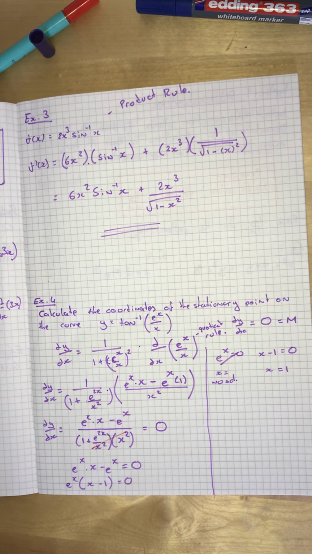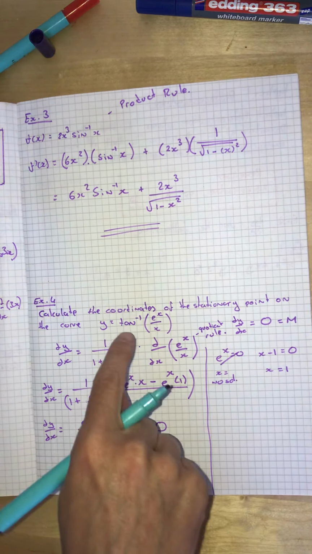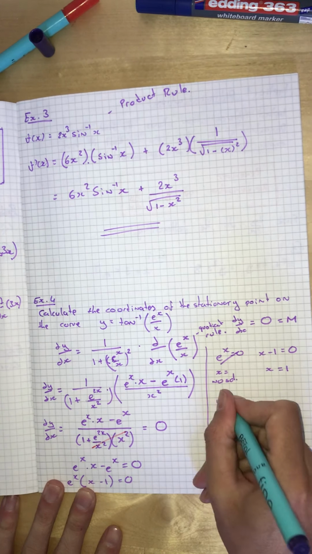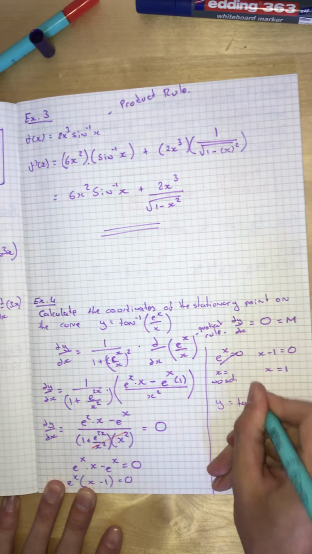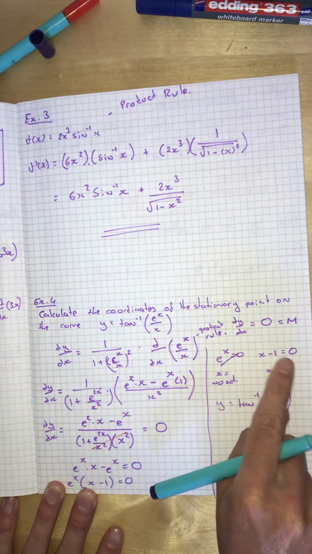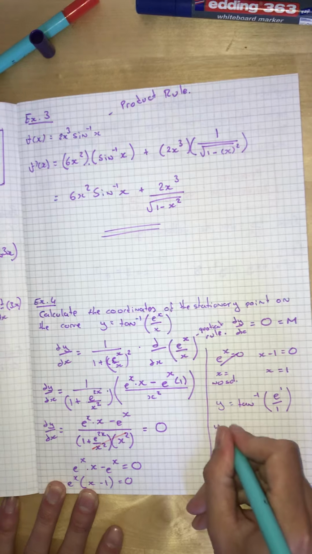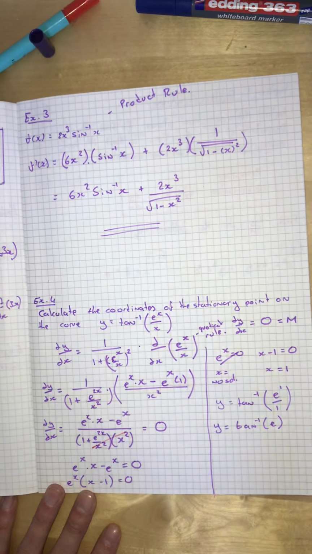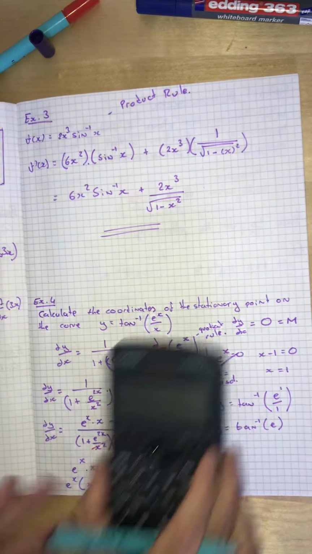I didn't ask for just the x coordinate. I asked for the y coordinate as well. So we know that y equals tan to the negative 1 of e to the 1 over 1, because I've now substituted that value in here. Tan to the negative 1 of e. And we get our calculator.